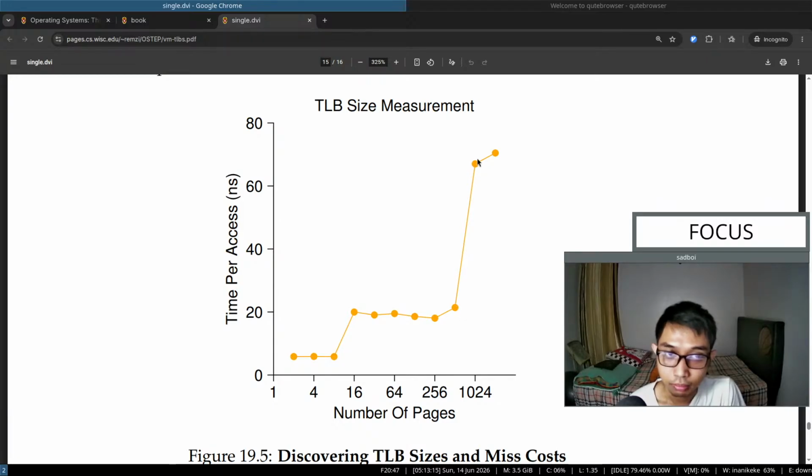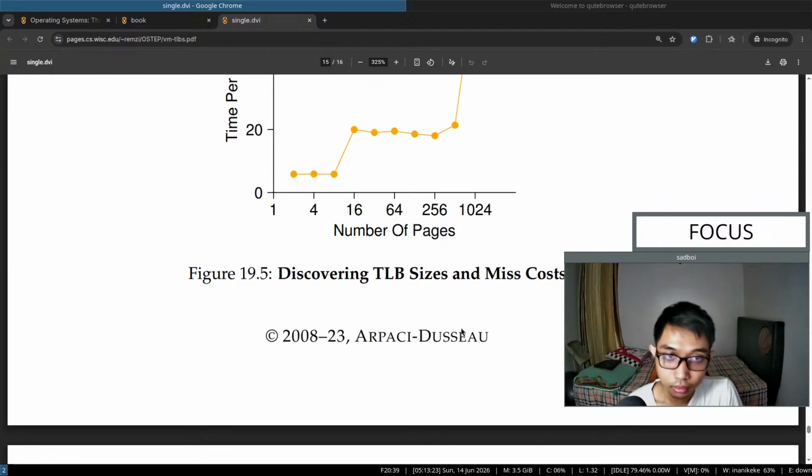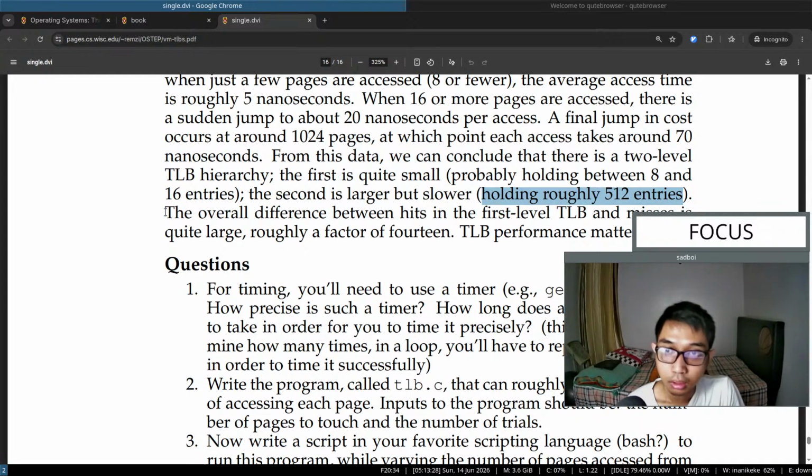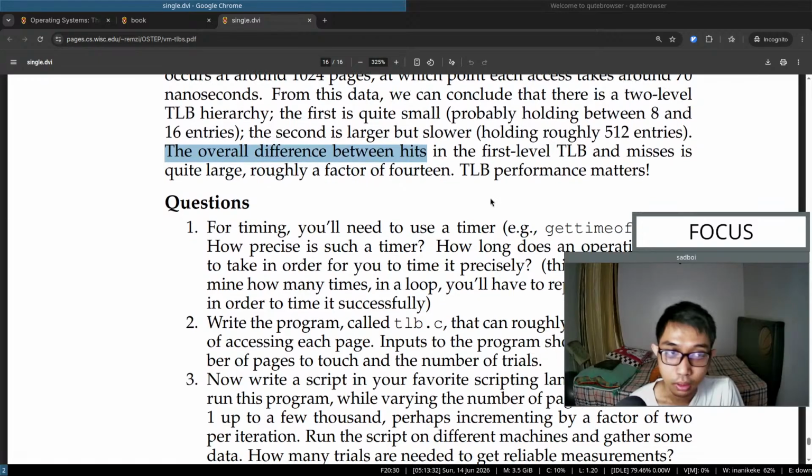The jump is big. The overall difference between hits in the first level TLB and misses is quite large, roughly a factor of 14 in TLB performance.